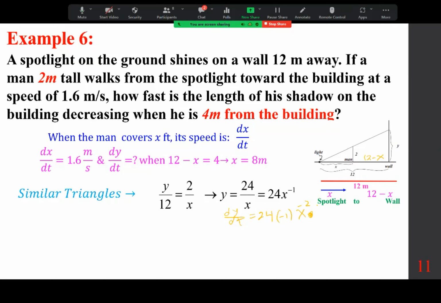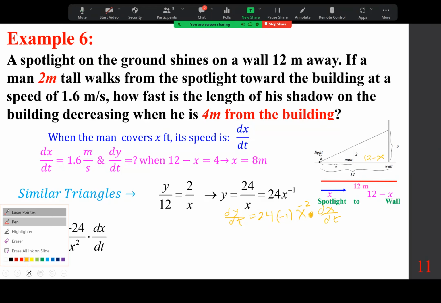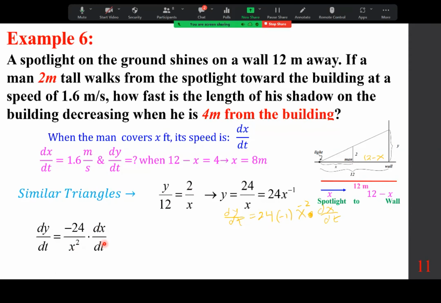And we would be done if x was the independent variable. It's not. Therefore, we rewrite it as dy dt equals -24 over x squared times dx dt. And we replace the x with 8 and dx dt with 1.6. I want to make sure x is given, dx dt is given. Let's replace it.